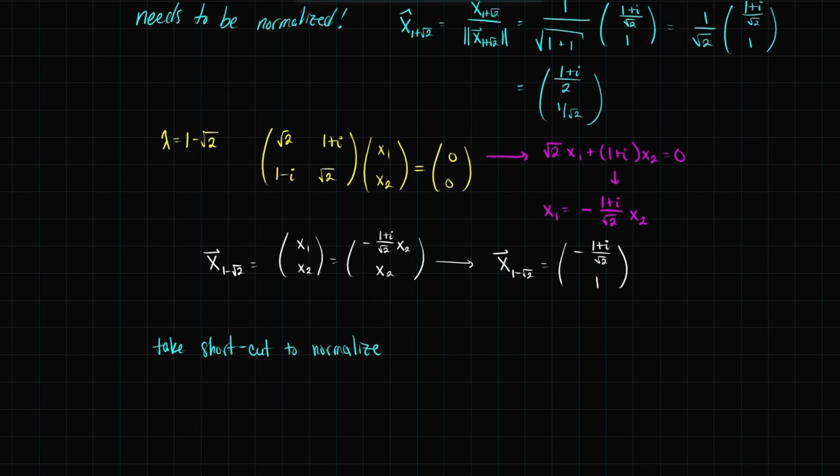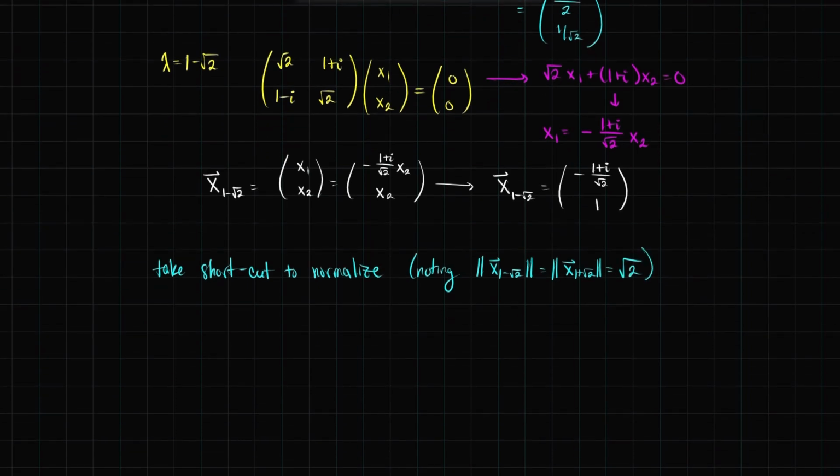This is very clearly the same as my earlier vector, and so the magnitude is going to be the same, both cases just root 2. So normalization is pretty easy. X hat, 1 minus root 2, will just be 1 over its norm, which is root 2, against its entries, and I can distribute that to get negative (1 plus i) over 2 and 1 over root 2.